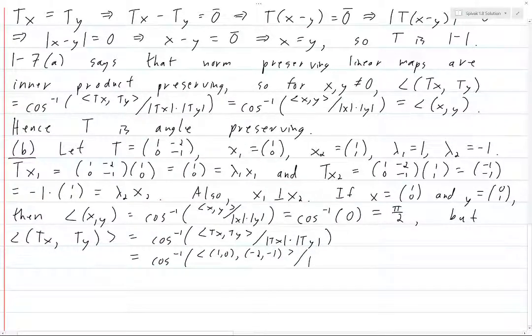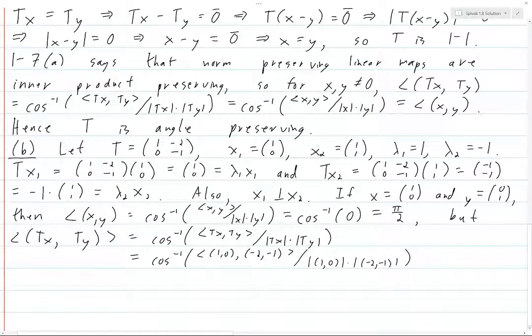Then we divide by the norms of these vectors. I'm not quite sure what this is, but the denominator is not going to be 0.